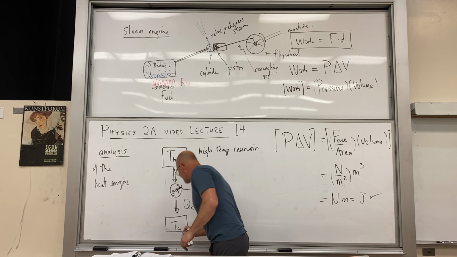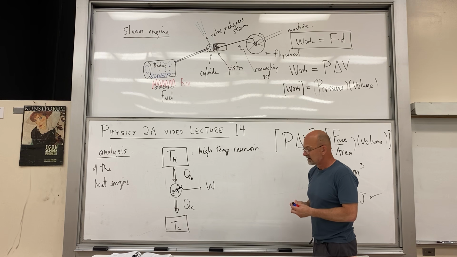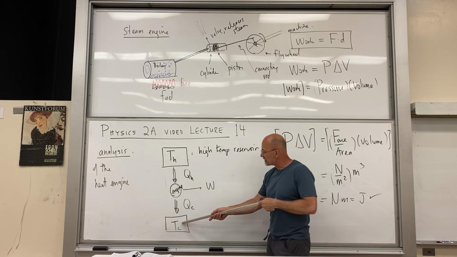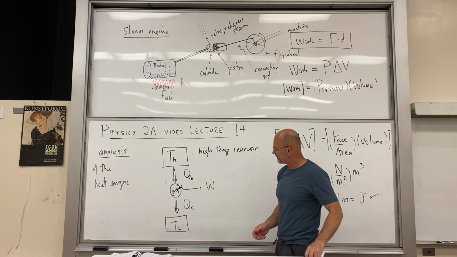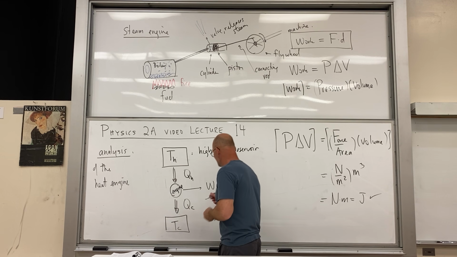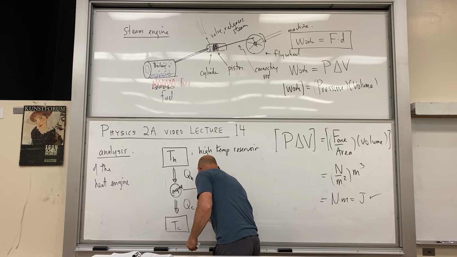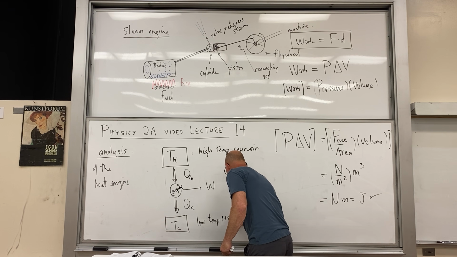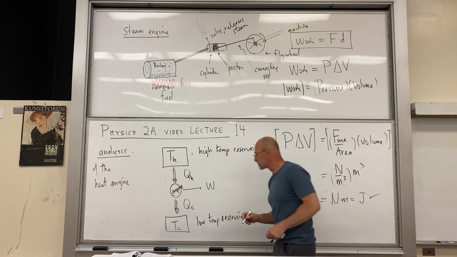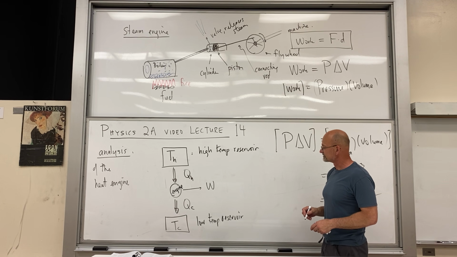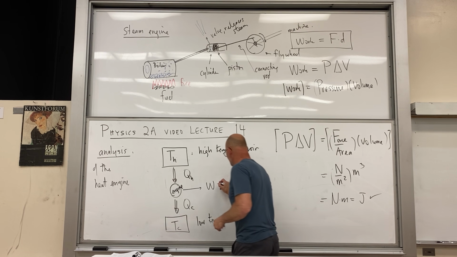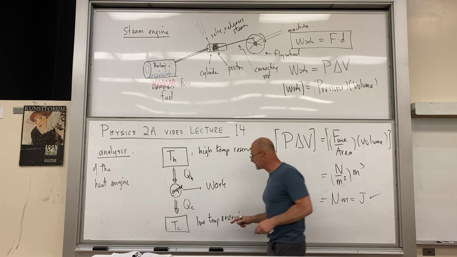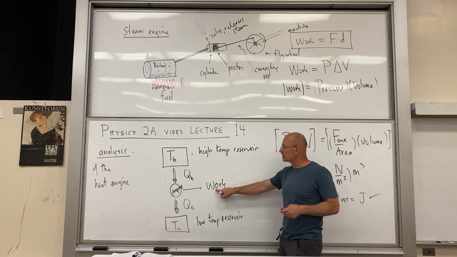So what we do is we say the exhaust or the waste heat is given off to the low temperature reservoir. So this is the low temperature reservoir. And this I'm going to write out is the work. This is why we did the whole thing, right? We want useful work from this.